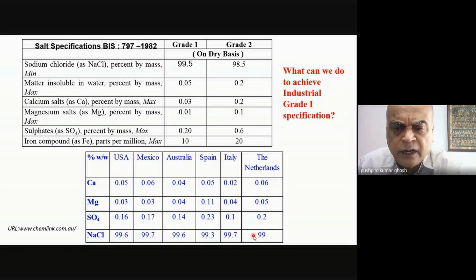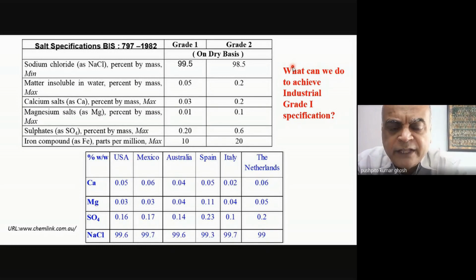Most of them are more than 99.5%. And these impurities tend to be a lot less than what we have in our grade 2. You can see 0.6% weight by weight sulfate, and most of these are 0.16, 0.17, etc. And just that 1 to 1.5% difference in purity can make, as I told you, a difference of a factor of 2 or 3 in the price.